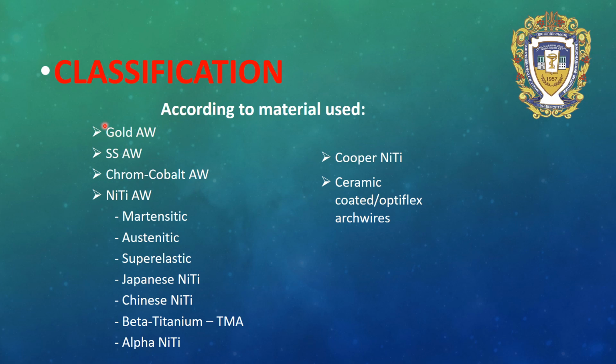archwire could be made from gold alloy: gold archwire, stainless steel archwire, chrome cobalt archwire, nickel titanium archwires: martensitic, austenitic, superelastic, Japanese NiTi, Chinese NiTi, beta titanium, TMA, alpha NiTi. Then copper NiTi and ceramic or coated OptiFlex archwire.